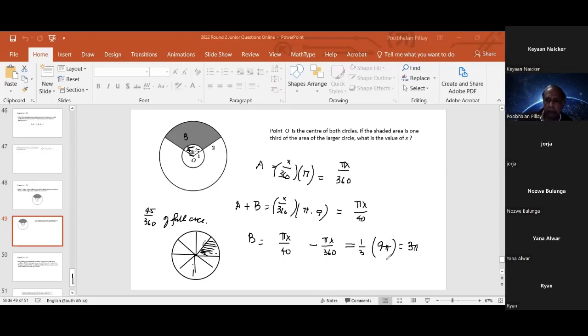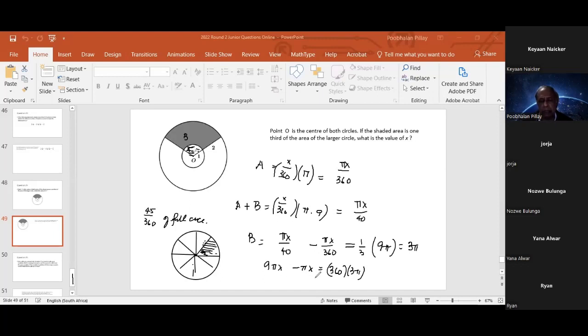So if you try to solve this equation, the common denominator is 360. I can multiply by 360 right throughout, and I get 9 pi x minus pi x, multiplied by 360. And here you got 360 times 3 pi.